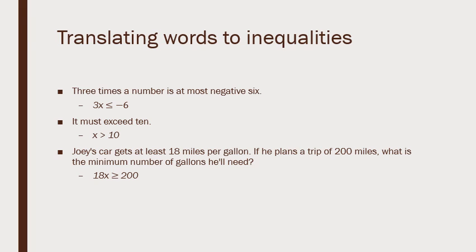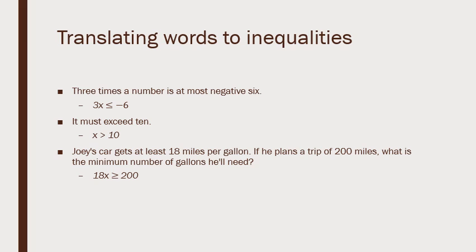I've got my negative 6, and this word "at most" means that it could be less than that number. It could be that number, but it can't be more than negative 6. So I have to think about this and kind of talk myself through it. Can it be less? Can it be equal? Can it be more? And that gets you to using the proper inequality sign.